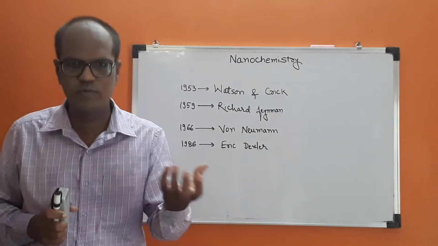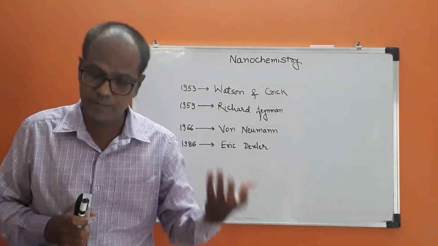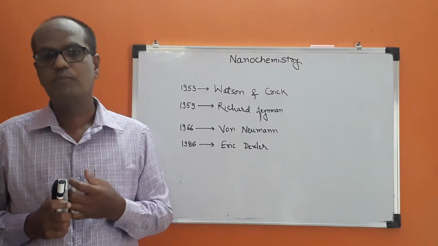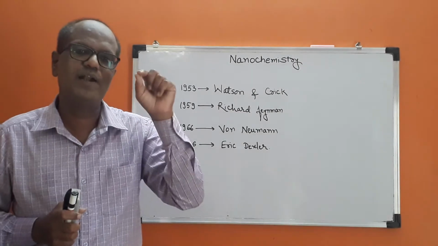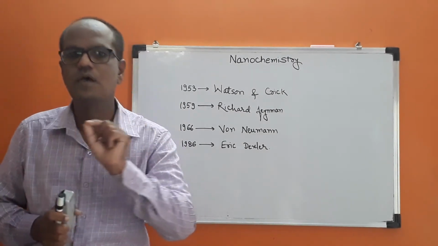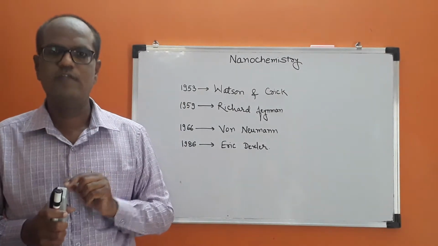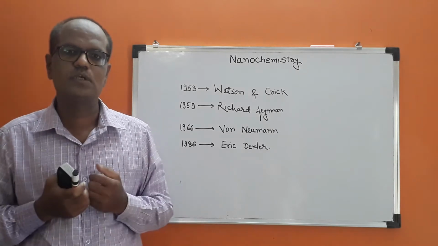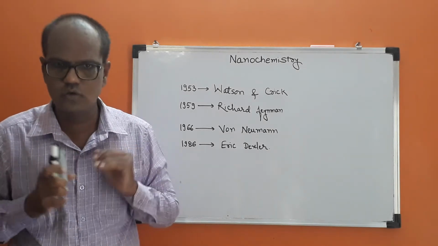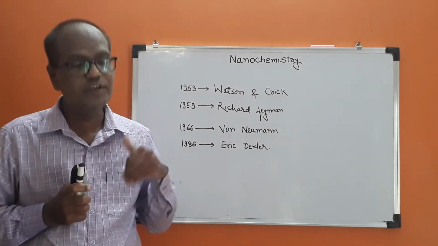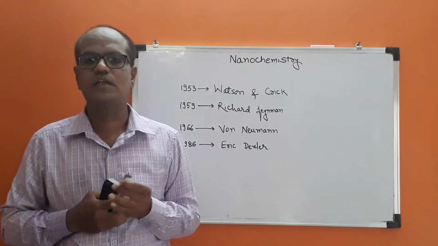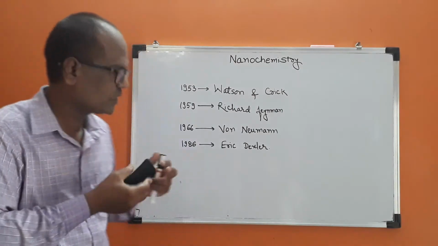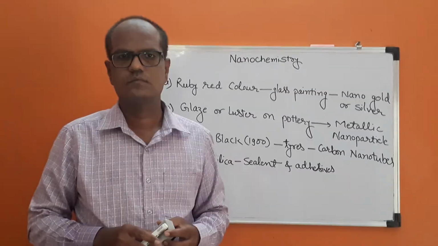They were using nanomaterials. They were preparing nanomaterials. But by that time, human beings did not know that the particle size of this is nanomaterial and that they were using nanomaterials. That thing we need to go into details. That is the history of nanomaterials. Let us go into details of that.